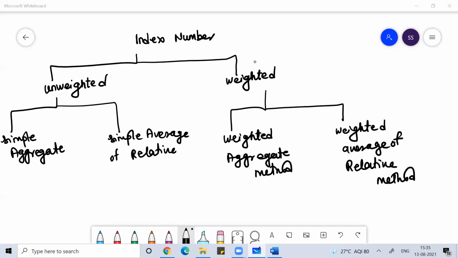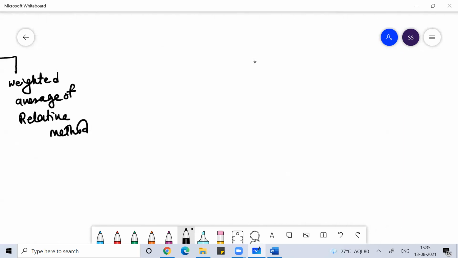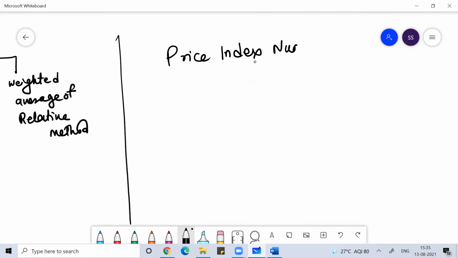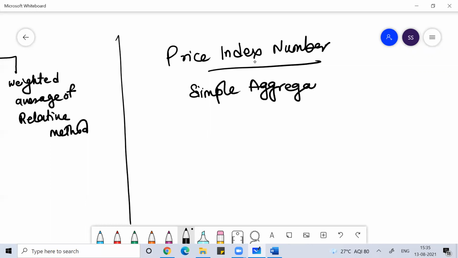Here when I say simple aggregate method, I am talking about price index number only, so there is no need to write simple price aggregate method.